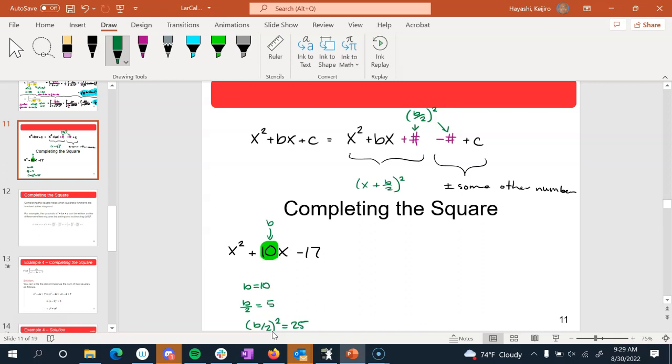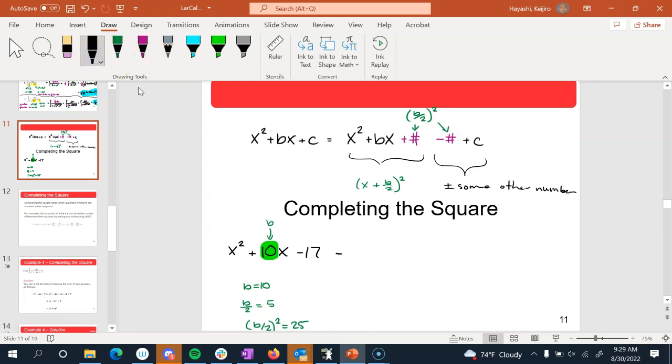So 25 is the number that we want to add and then immediately subtract in the middle of this expression. You could remember b over 2 squared, but you could also just take whatever b is, cut it in half, square it. That's what goes in here, being added and subtracted.